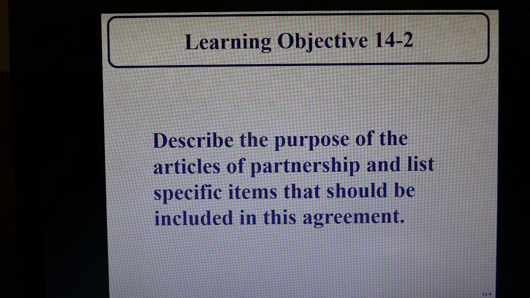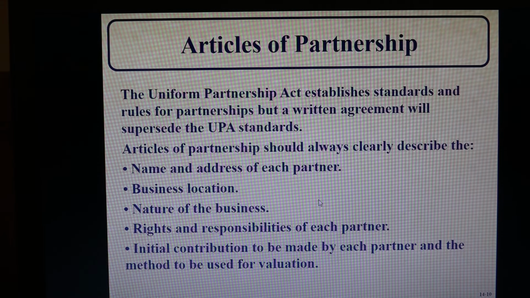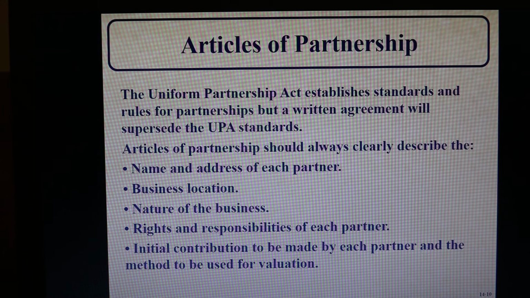All right, so let's talk about describing the purpose of the articles of partnership and the list of specific items that should be included in the agreement. So UPA establishes standards and rules for partnerships, but a written agreement will supersede UPA standards.